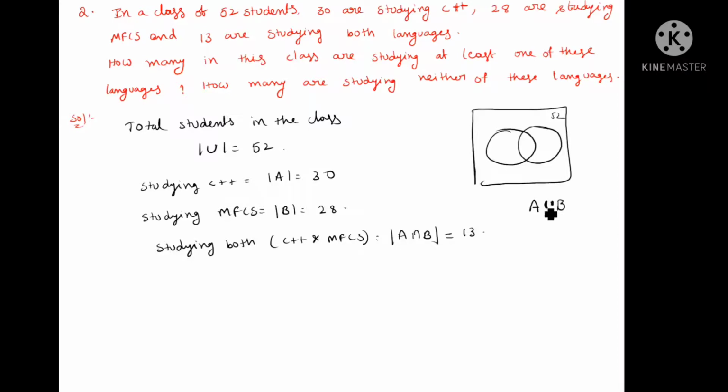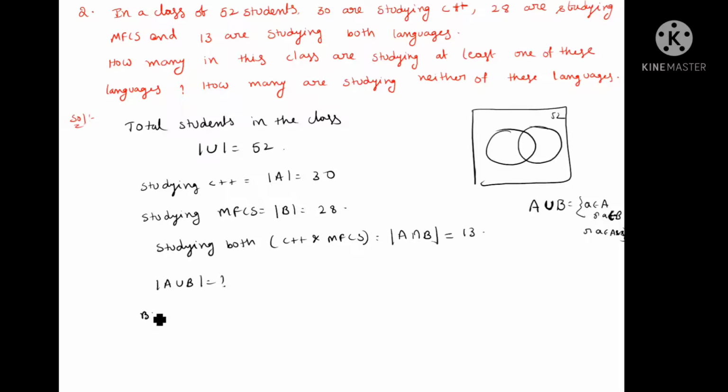So that means A union B. In a set, A union B means the elements which belong to A or B or both the sets A and B. So we have to calculate A union B.